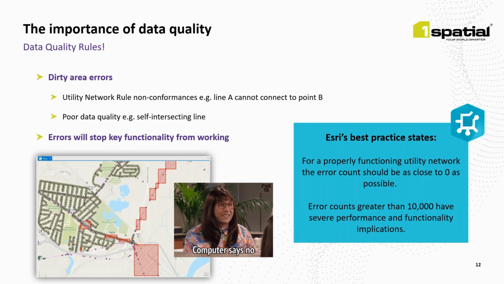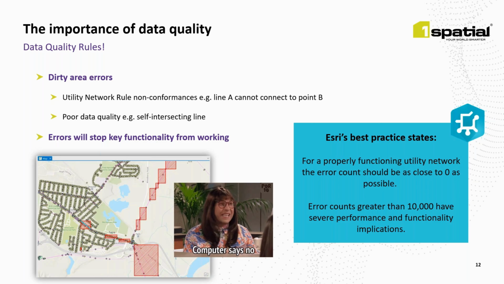If we take a look at the best practice quote from Esri, for a properly functioning utility network, the error count should be 0, if not as close to 0 as possible. And if you do have 10,000 errors in your data set, then this is going to severely impact not only the performance of the system, but also the functionality that is available to your users. So it's critical. It's really, really important.